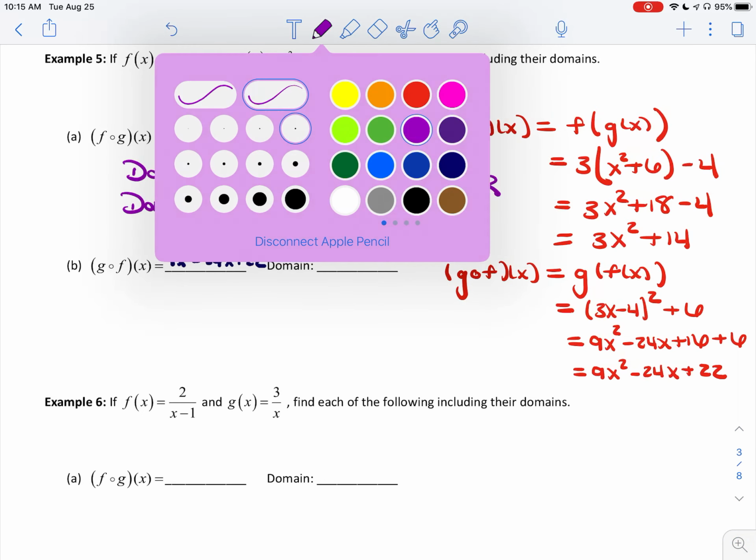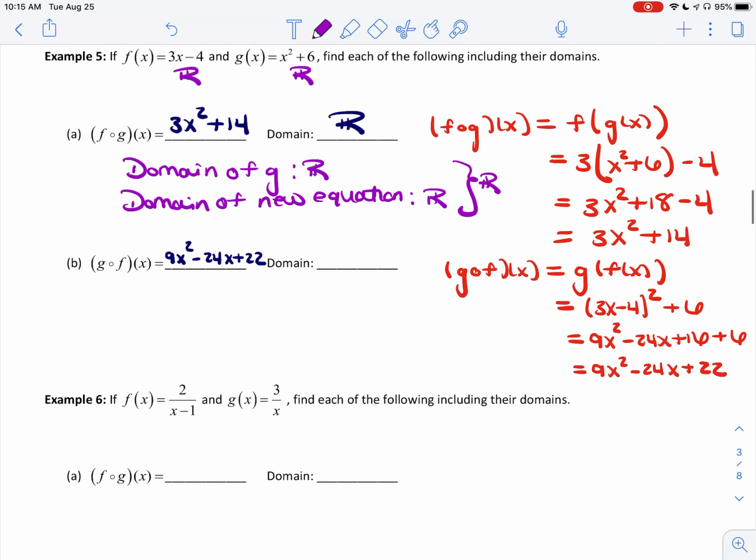And then for our domain, we're going to go through the same process we did for part A. So this time, our inside function is the f of x. So we need the domain of f first, which we said at the beginning was all real numbers. And then we also need the domain of our new equation.